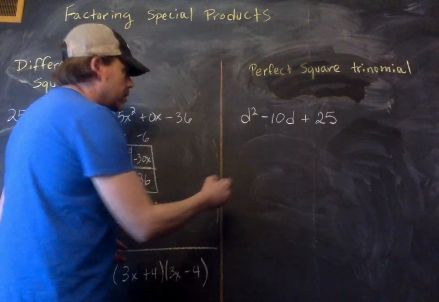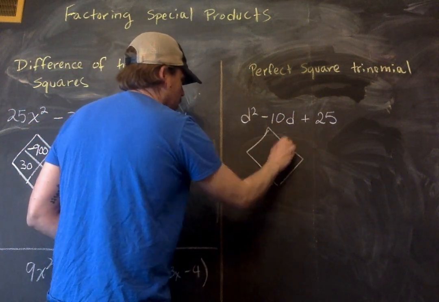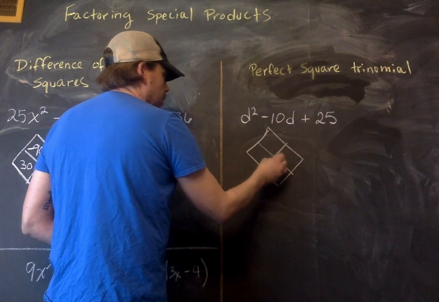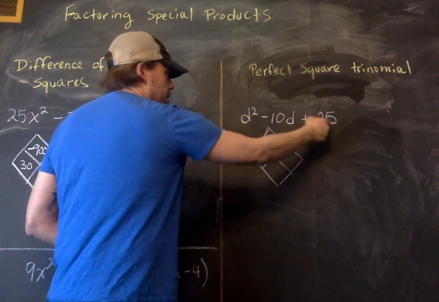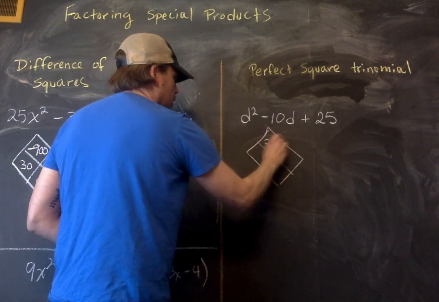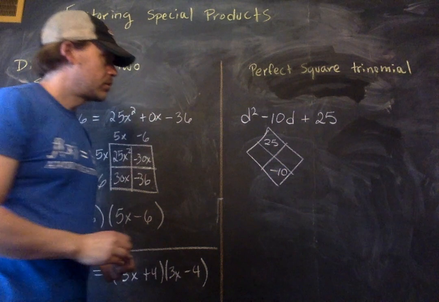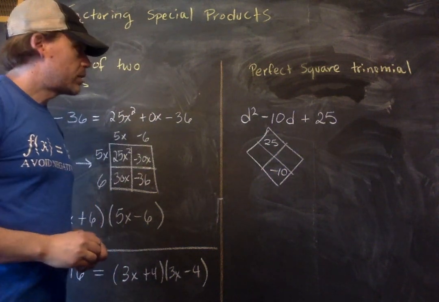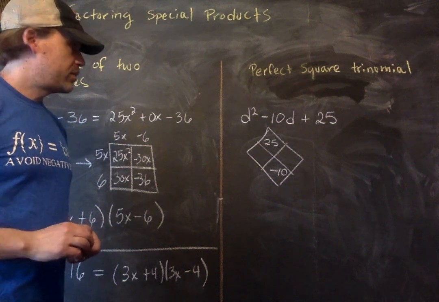Well, if I do my diamond, I need the product. The product is the first term times the last, so that's 1 times 25. And then the middle term is the sum, negative 10. So I look for two numbers that multiply to give me 25, but add to negative 10.